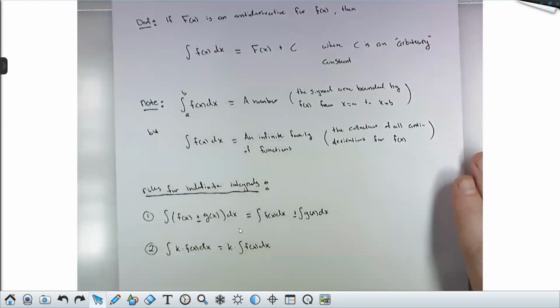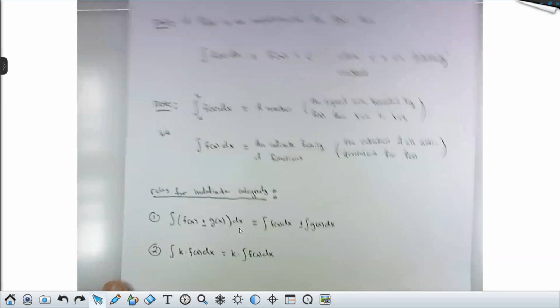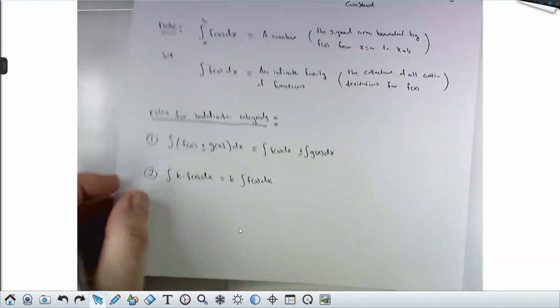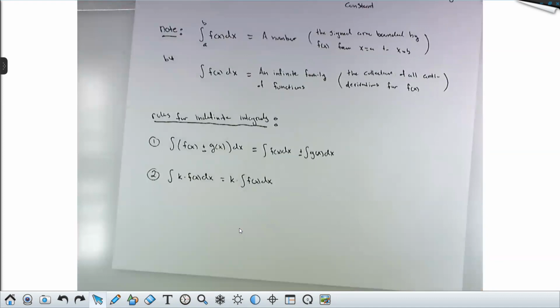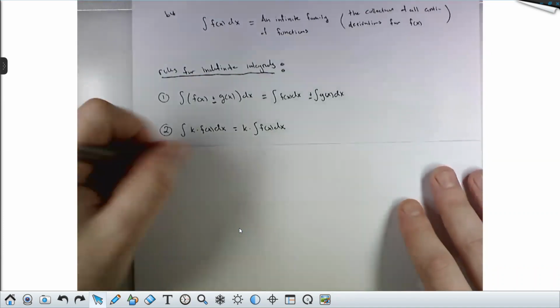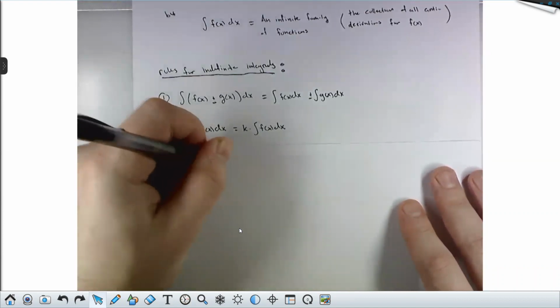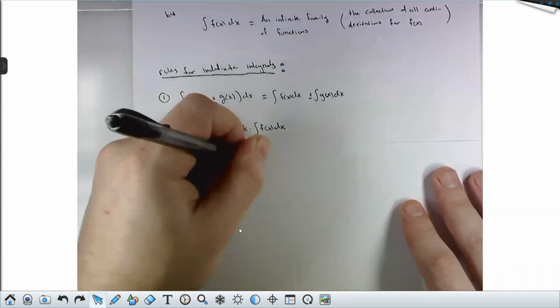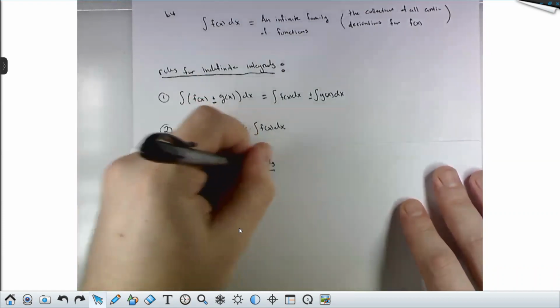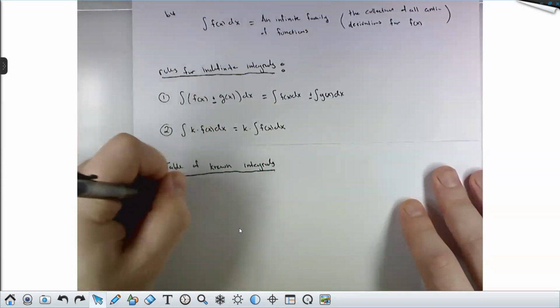And then you can think of there as being a whole bunch of, they're not really rules, but antiderivatives we should know, or indefinite integrals we should know. So I'll put these on a separate page here. I guess we start with the integral of a constant.